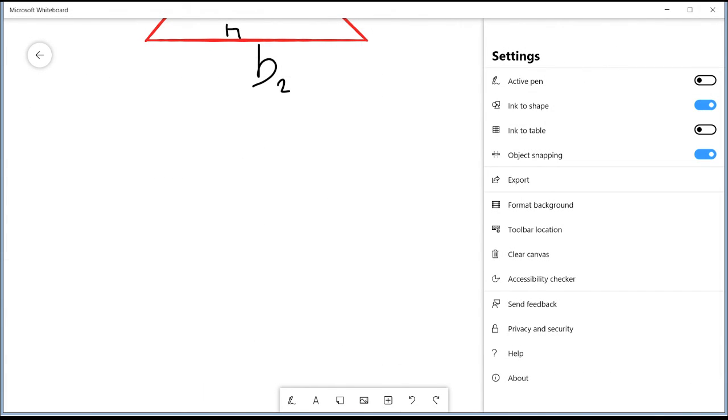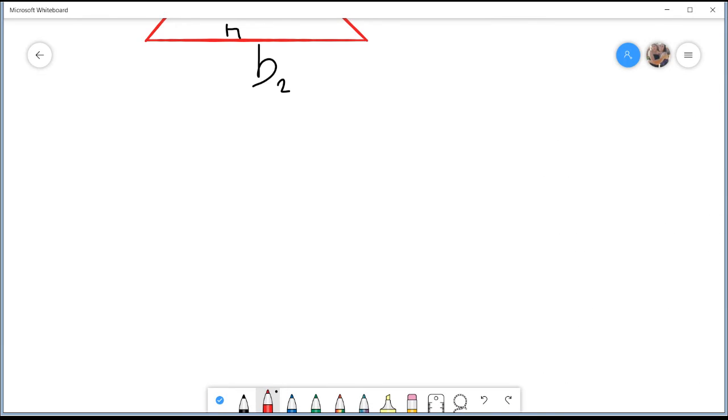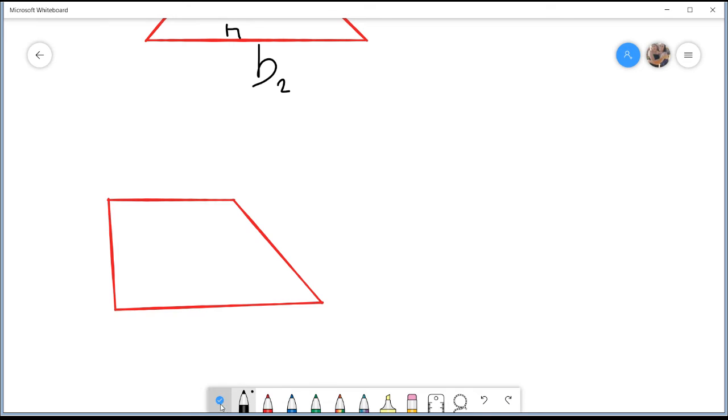This time I'm going to draw the trapezoid a little bit different. Let's do it a little bit better. Okay, this trapezoid is different because it already has a side right here that's perpendicular.